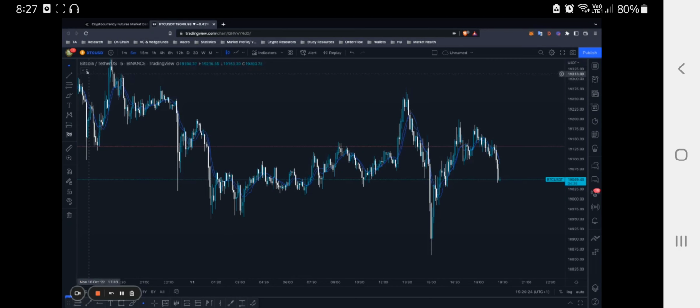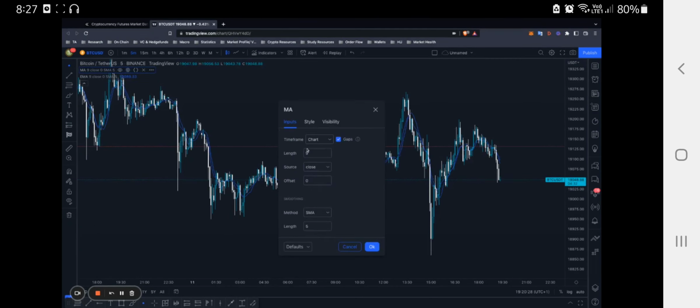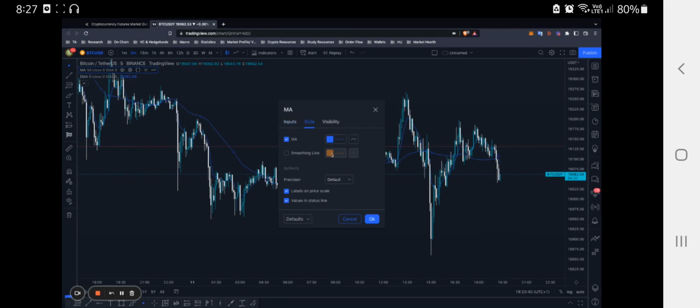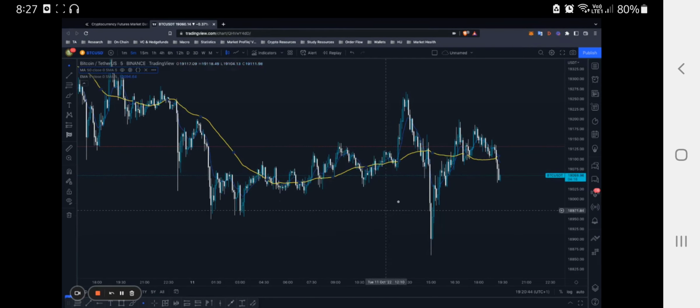So, very basic. Let's go to the SMA here, and we're going to put it to 50. We'll keep it the same as the chart's time frame. And we'll make it a different color here, make it yellow, so it stands out.